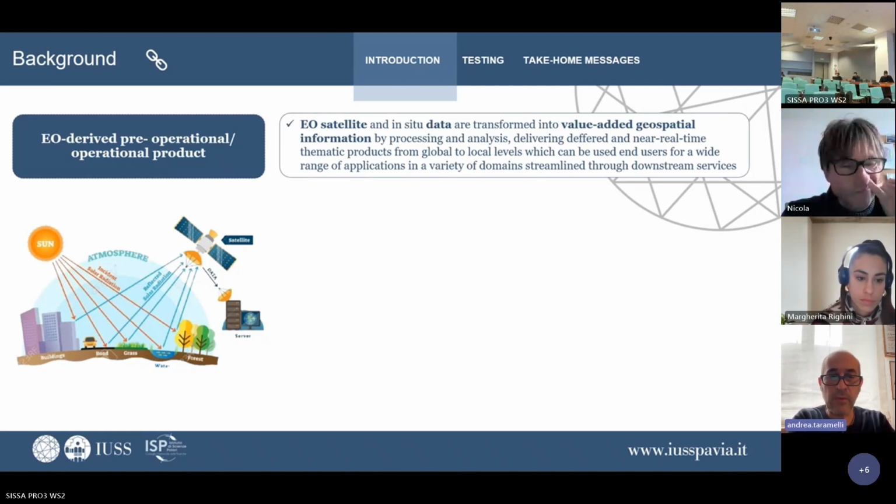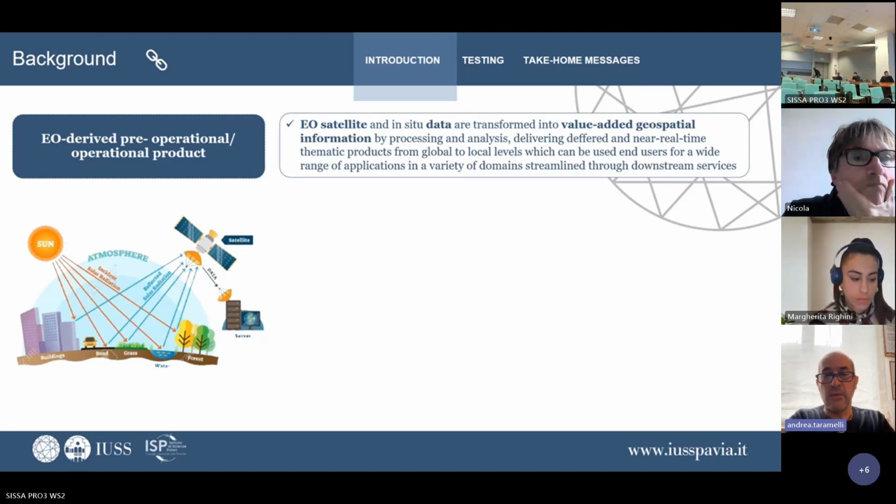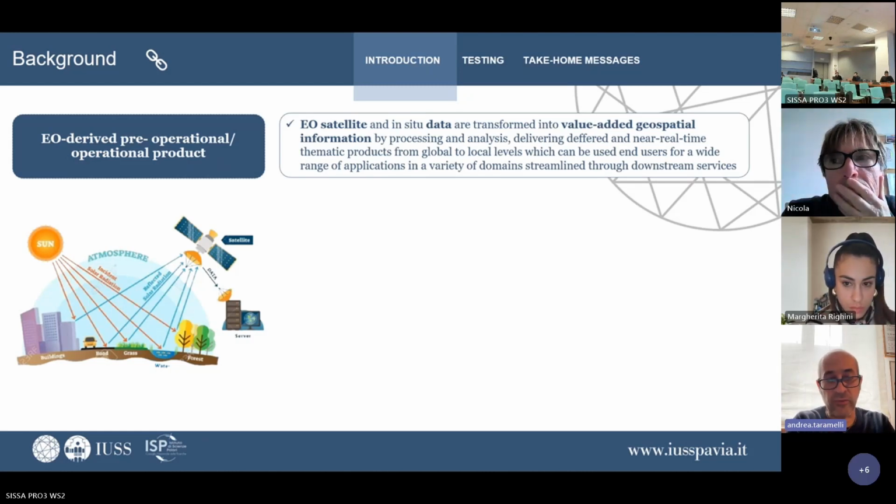When we talk about Earth observation data, satellite data, we are talking about specialized, quite extended data that really also need in situ data in order to transform the raw data into value-added geospatial information, the kind used by what we call end users. A simple example: the National Civil Protection is using a lot of Earth observation data, but it has some issues that have to be solved. Next.